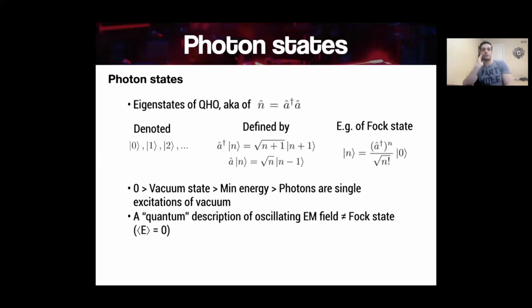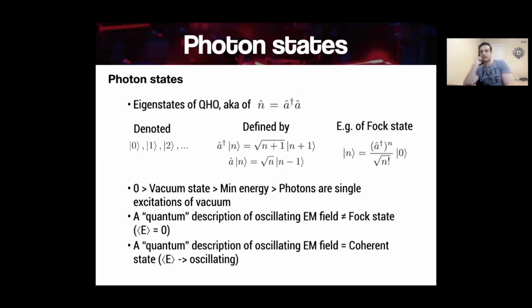But anyways, one way to convince yourself that it's not is to take a Fock state of arbitrary n and calculate its electromagnetic field. We do this in the text. And you'll see that the expectation of the electromagnetic field is 0, which doesn't make any sense. However, if you take a coherent state, which we've seen before, and that's an infinite superposition of these Fock states with different amplitudes, and take the expectation value of that with respect to the electric field, then you're going to get some oscillating value.